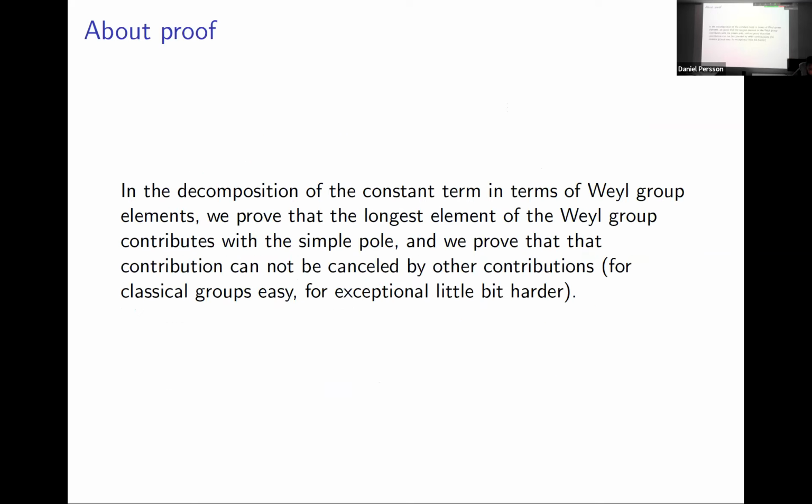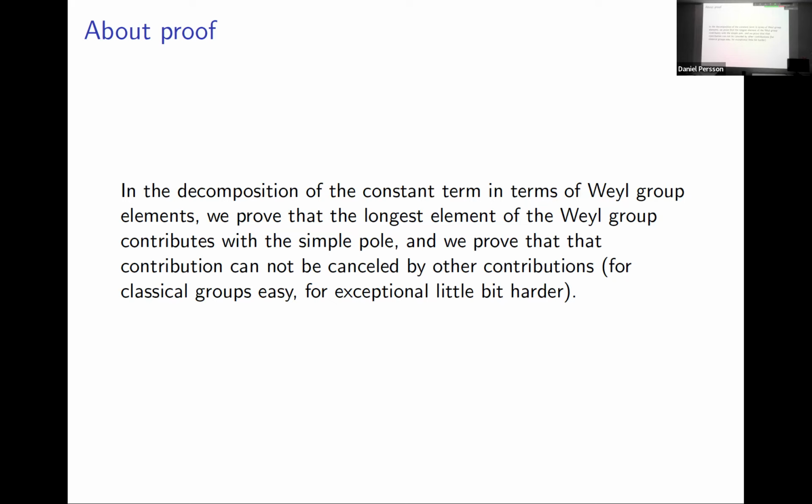Okay, and now what I was saying, how to really prove that you do have a pole. So this is something that we're going to also briefly review in this last third of the talk. We'll actually look at the constant term of this Eisenstein series and look at the contribution of the longest element of the Weyl group in the constant term.